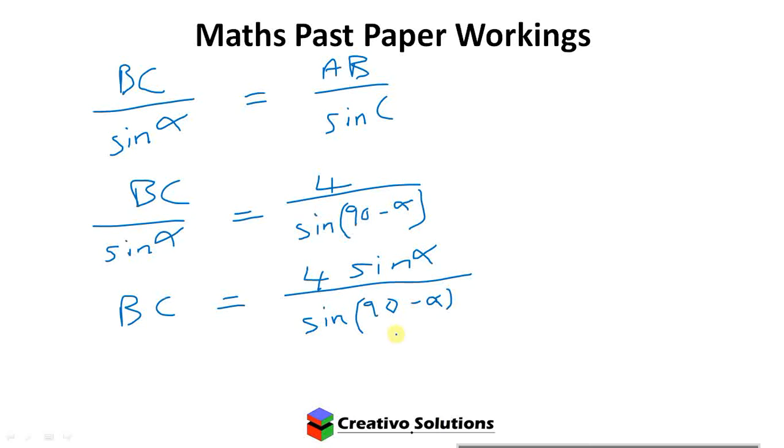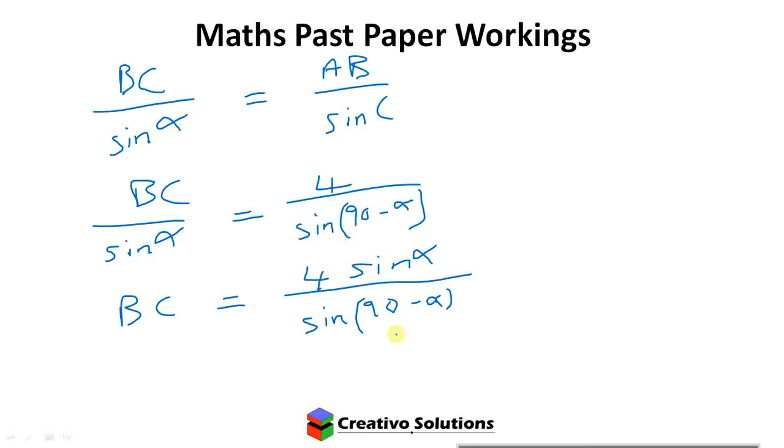Now you've got the co-angles, that 90 minus. So let's go back and check that. With trig, when you have angles 90 minus, those are co-functions.